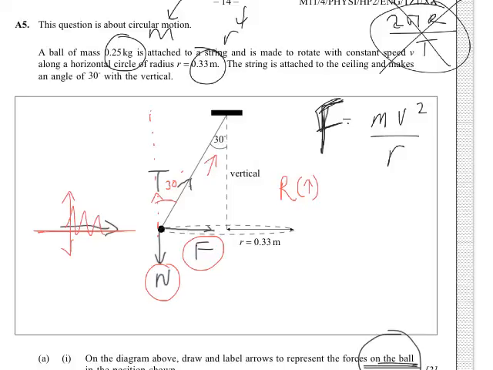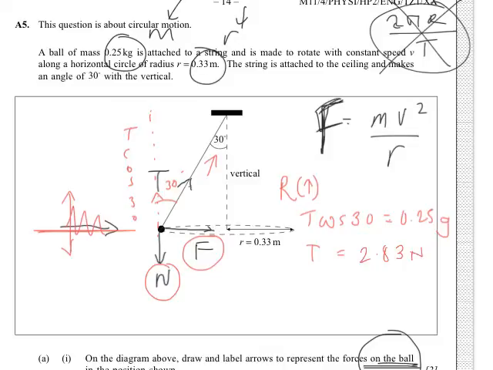So the component of T in this direction would be T cosine 30. Okay, so that's our vertical, T cosine 30, and that's equal to the weight down, which is the mass 0.25 times 9.81. From here you can rearrange to find T easily. T should give you 2.83 newtons.